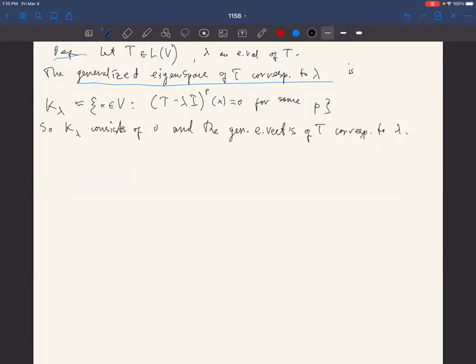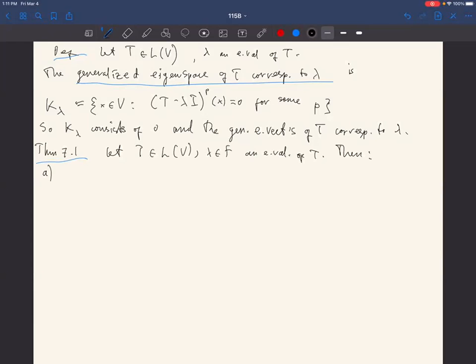Now let's try to connect it to our familiar notion of eigenspaces. This is going to be theorem 7.1. Assume that T is a linear operator on V, as usual, lambda is a scalar in F, and assume that this is an eigenvalue of T. Then we have the following two observations.